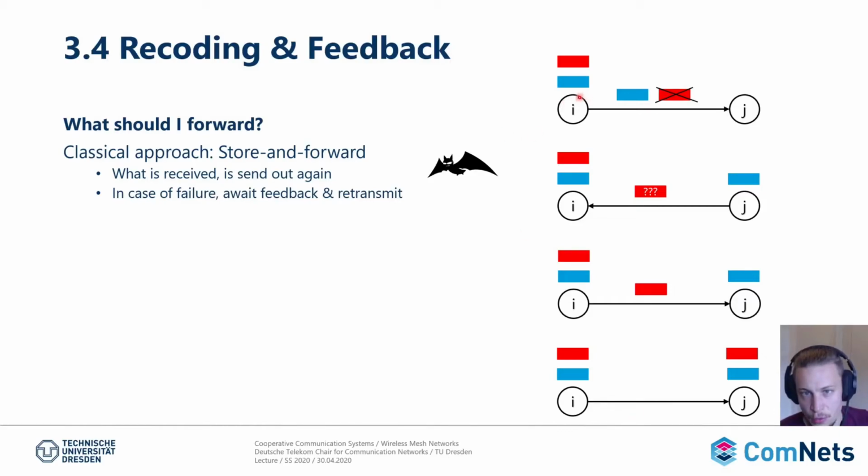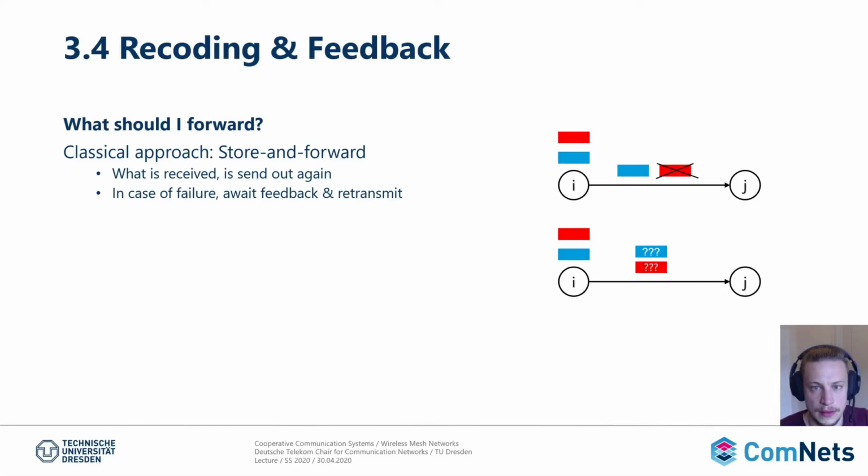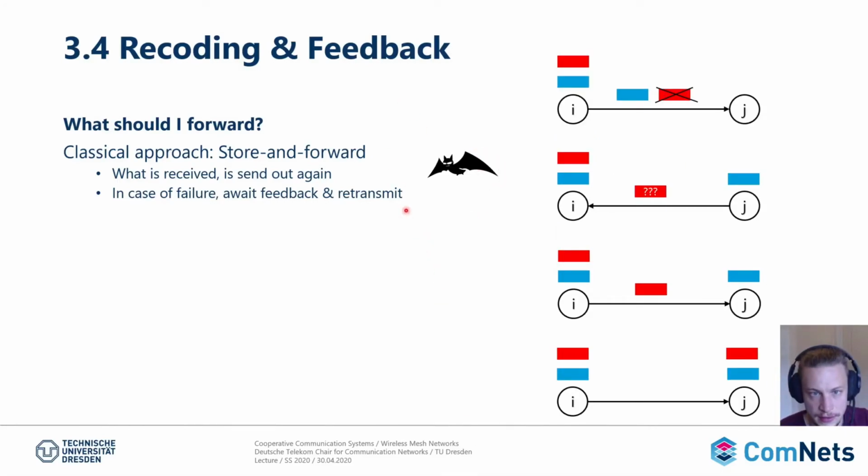So I cannot know which of the packets has been erased, meaning there's a feedback mechanism going on here. So J sends back, I haven't received the red one. So I sends the red one again, and they both have all the packets. This is the classical approach of ARQ, automatic repeat request. This is, by the way, also done in Batman's link layer feedback mechanism built into the Wi-Fi driver.